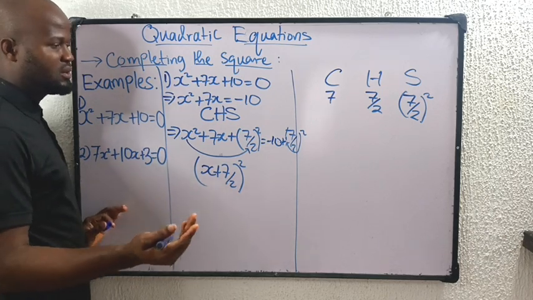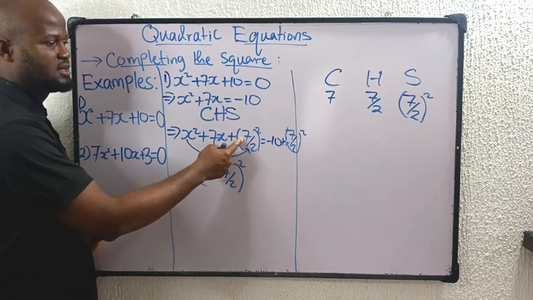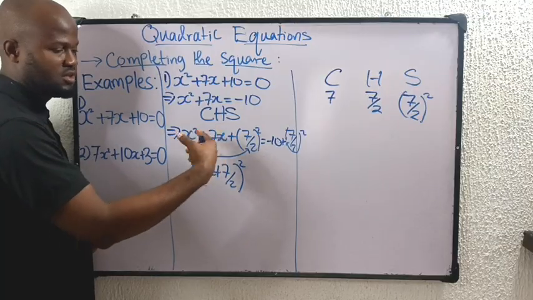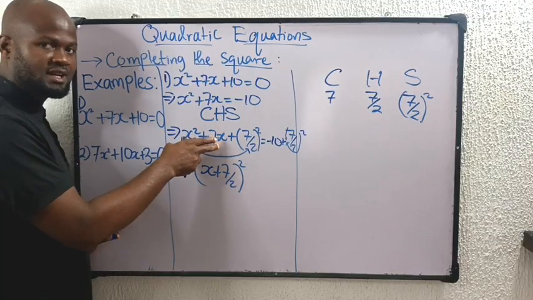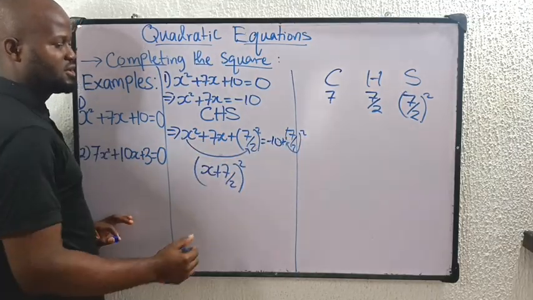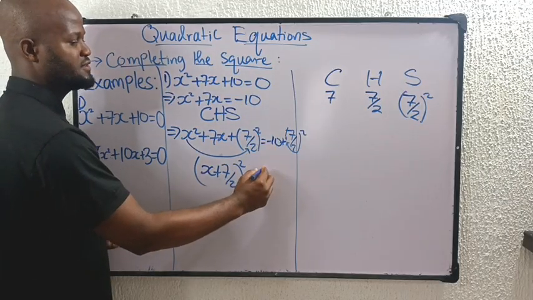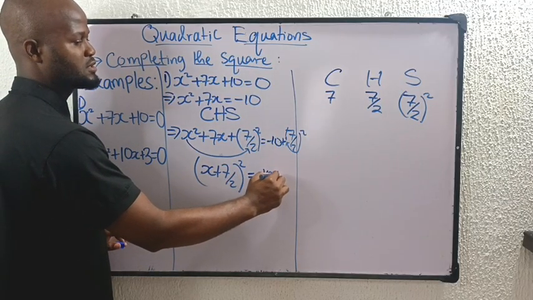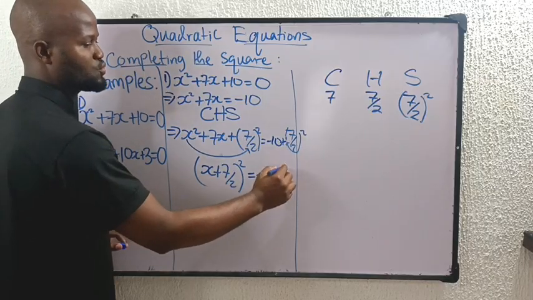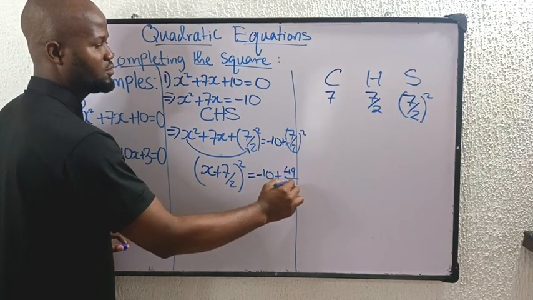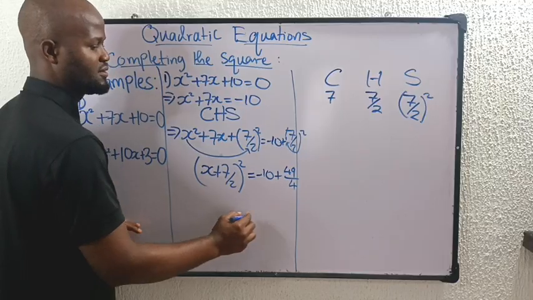Now remember, why I added this to both sides is because I need to balance the equation. Whatever I do on the left side, I do the same on the right side. So now I'm going to process this. Negative 10 plus, so 7 squared is 49, over 2 squared is 4.